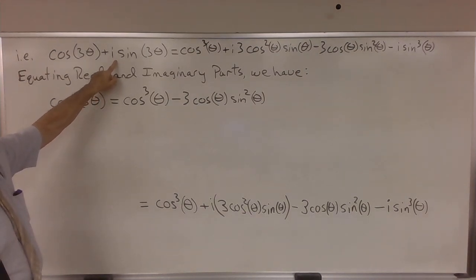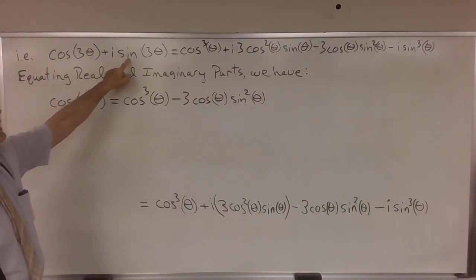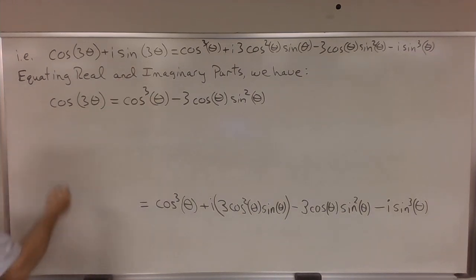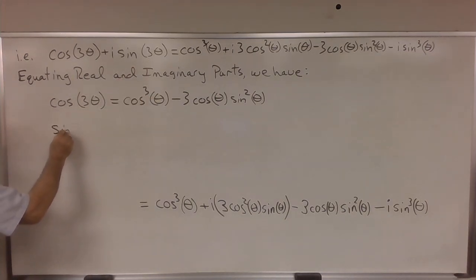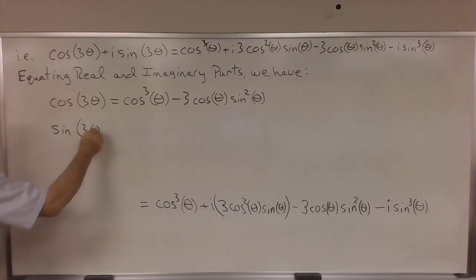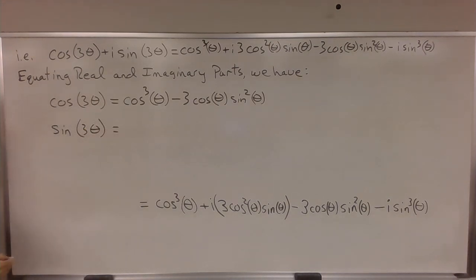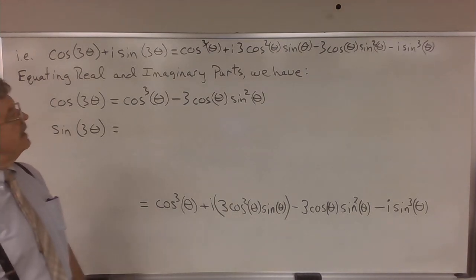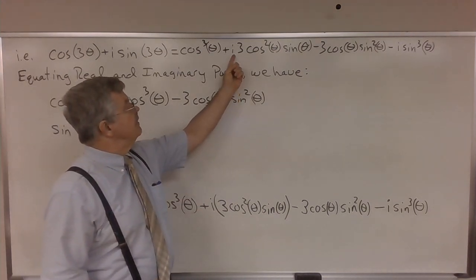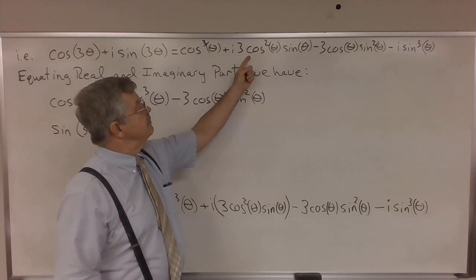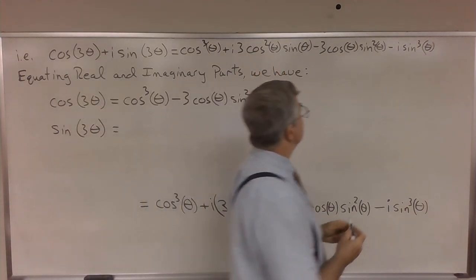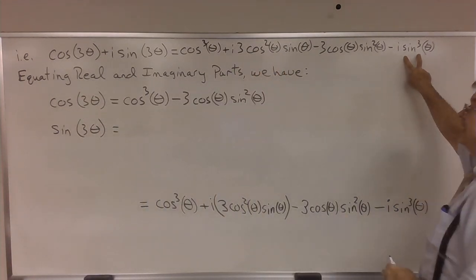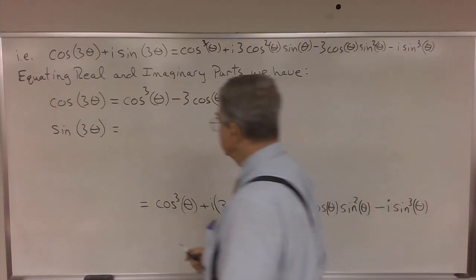On the left-hand side, we have i sine of 3 theta. So sine of 3 theta is the imaginary part on the left. And on the right, our imaginary parts are i 3 cosine squared theta sine theta and i sine cubed theta.